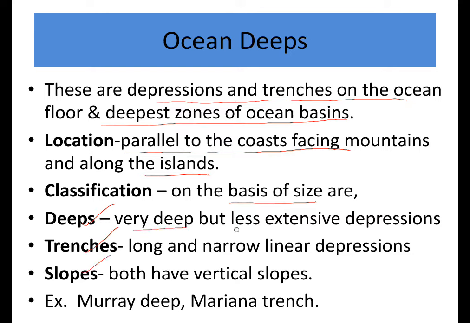Deeps are very deep but less extensive depressions, whereas trenches are long and narrow linear depressions, and both have steep slopes. Examples: Murray Deep, Mariana Trench. The Mariana Trench is in the Pacific Ocean.